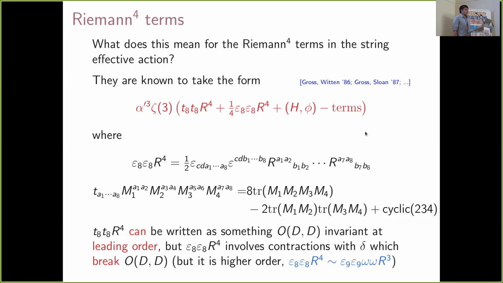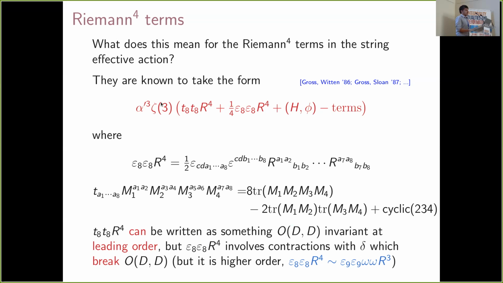Okay, so what does all this mean for the quartic Riemann terms and the effective action for the string? Well, let's go back to what is known about them. Their form is known if you just look at the pieces involving the metric. So if I set the B field and dilaton to 0, it's known that they take this form.